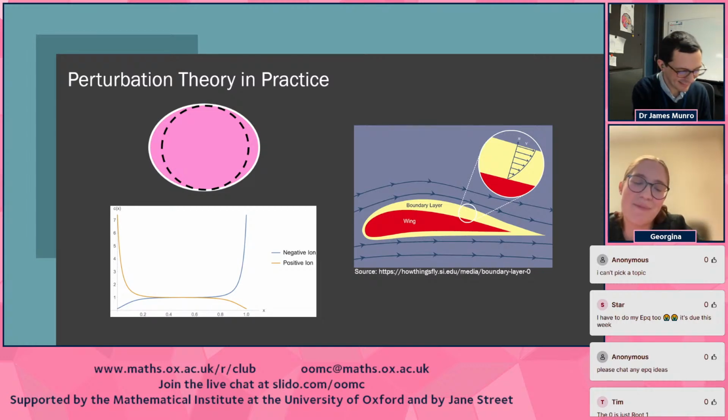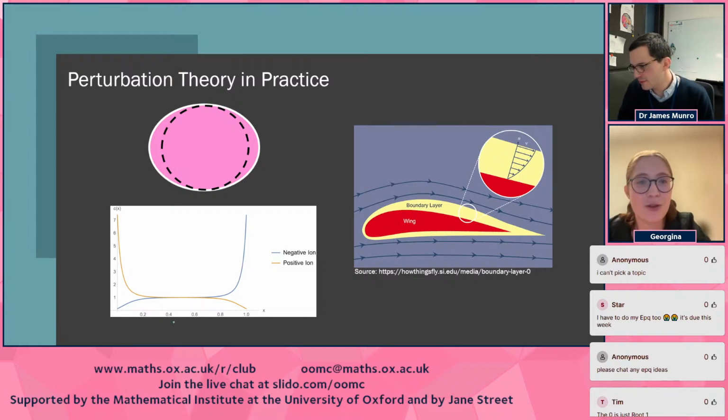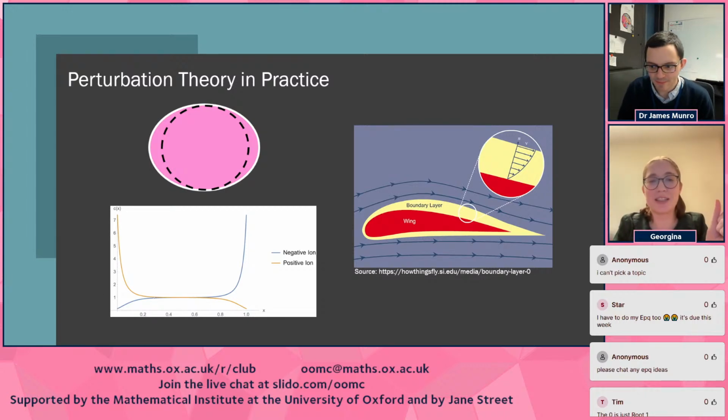And then what I'm doing in my current PhD work is related to this concept called boundary layers, which is where we're solving equations that have really, really steep sections. So if you look at this little plot, for example, you can see that in the middle, it's very flat, but on the left and right, there are very steep gradients. And that makes the equations that govern the system really difficult to solve.